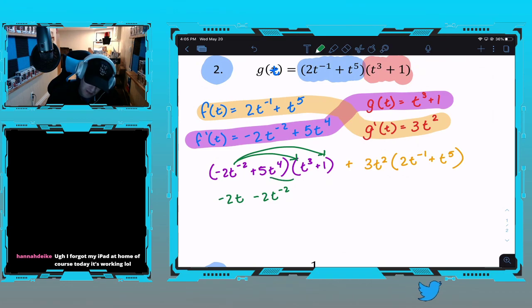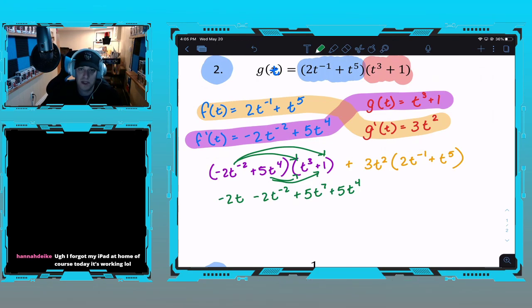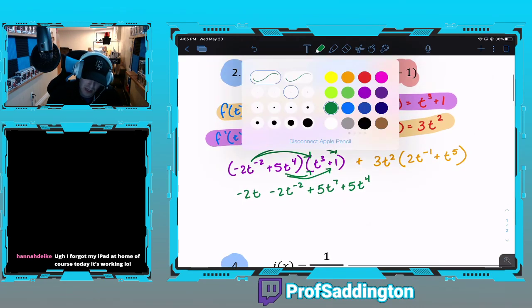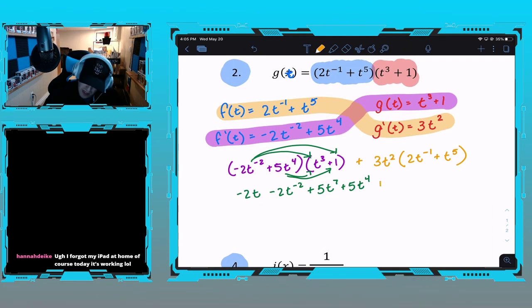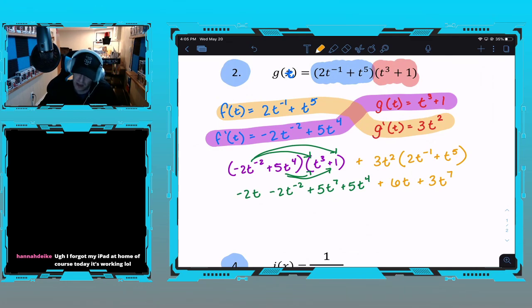Now I have 5t to the 4th times t to the 3rd, which would be 5t to the 7th, plus 5t to the 4th. So I double distributed that. Now I'm going to do the next part, and this one's a little bit easier because I'm just distributing one thing. So I have 6t plus 3t to the 7th.